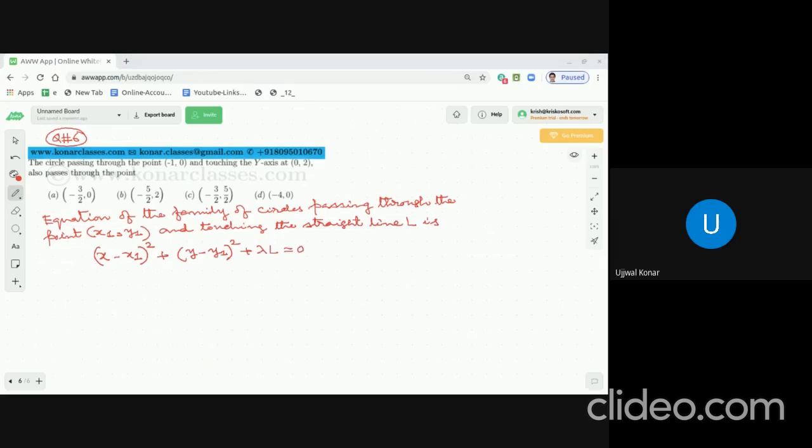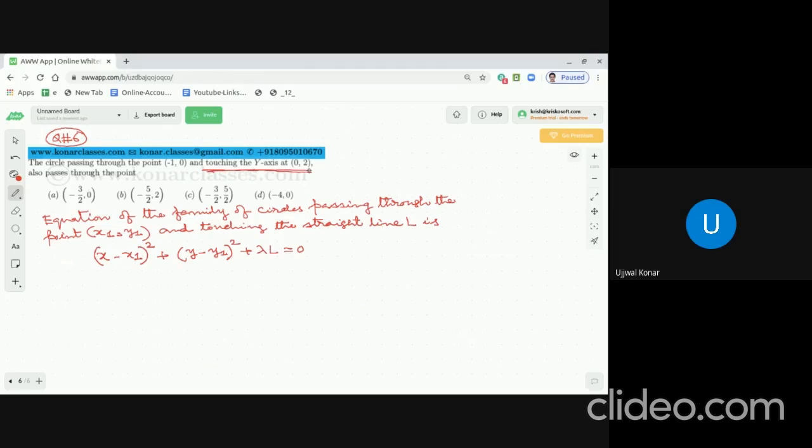Now in context to our question, what we see is that x1 and y1 are the point 0, 2. Okay, passing through the point -1, 0, and also passing through the point 0, 2, and touching the y-axis at 0, 2.